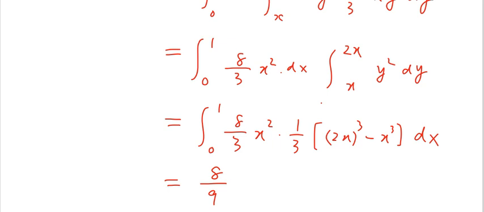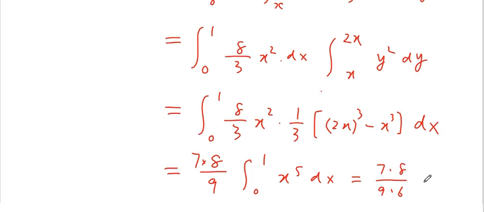So here we multiply by 7. Then x squared times x cubed is x to the 5, and integrating x to the 5 gives x to the 6 over 6, right? So this becomes 7 multiplied by 8, over 9 multiplied by 6.